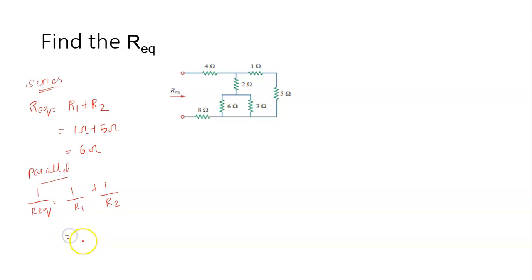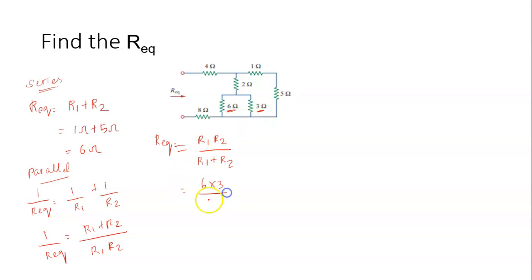Solving this, we get R equivalent as R1 R2 divided by R1 plus R2. Now substitute R1 as 6 and R2 as 3. So 6 into 3 divided by 6 plus 3, that is 18 by 9. So R equivalent is 2.